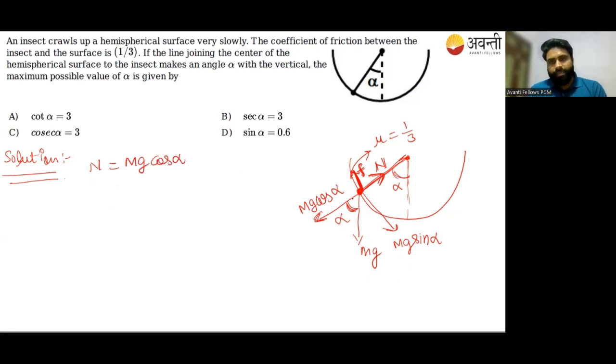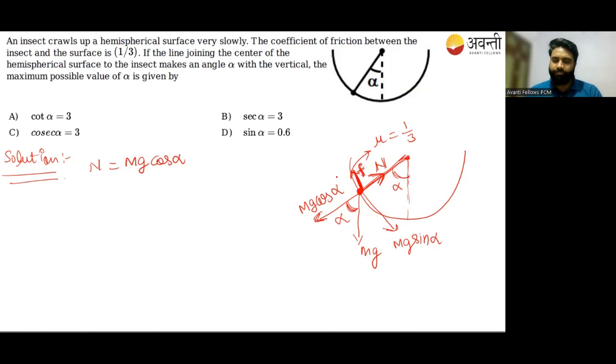Now, suppose the insect is not moving. If it moves upward, alpha would increase, and if alpha increases, the value of sin alpha increases. So this downward force increases, but the friction has a limited value, the limiting friction.